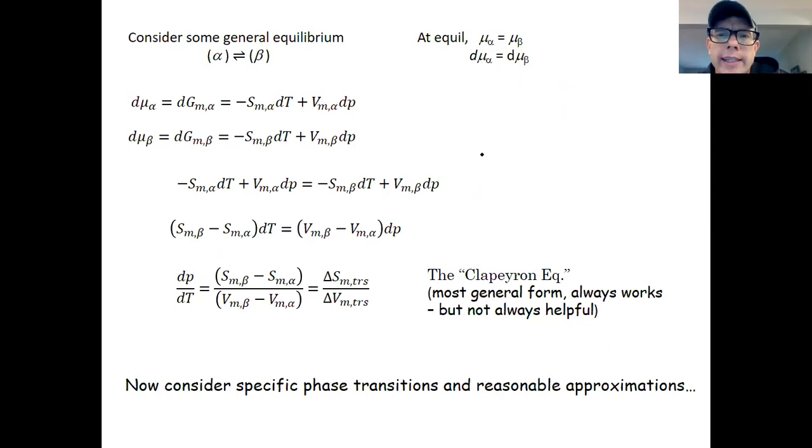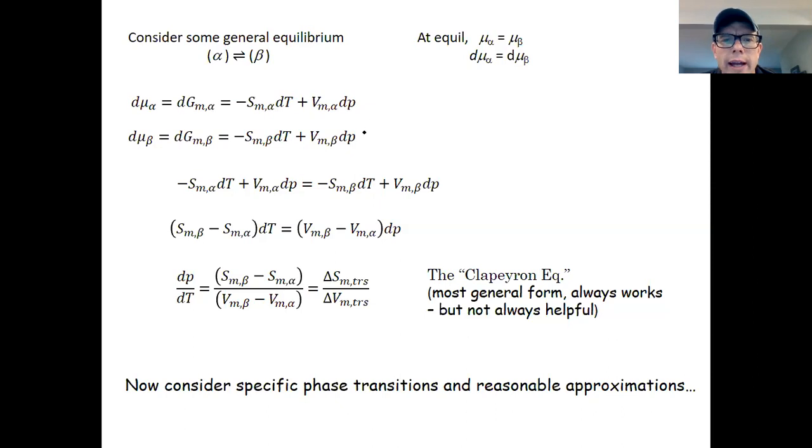I can go back and look at previous slides, and the chemical potential for a pure substance is the molar Gibbs energy. So dμ_α is the molar Gibbs energy. And I go back to that natural equation and I get an expression which looks like this: minus the molar entropy dT plus the molar volume of alpha dP. I get an expression for the alpha phase, and I get an expression for the beta phase.